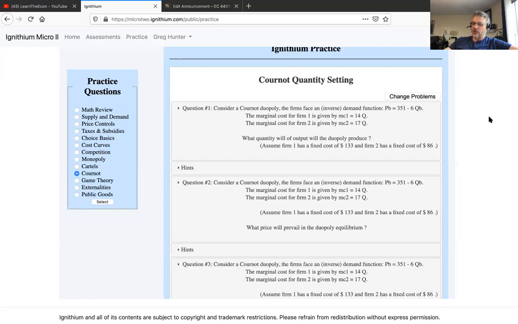So I'm looking back in my notes. Oh, with Q1 and Q2. So it should look like that. Okay.